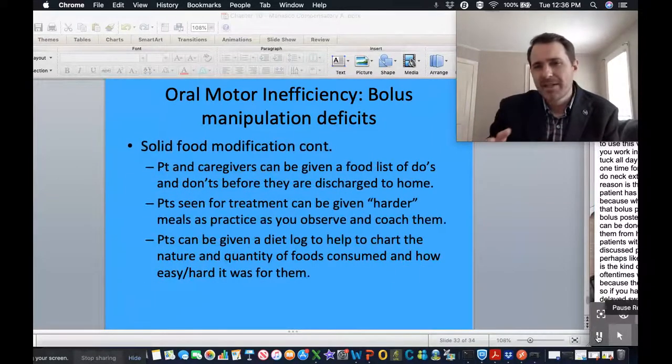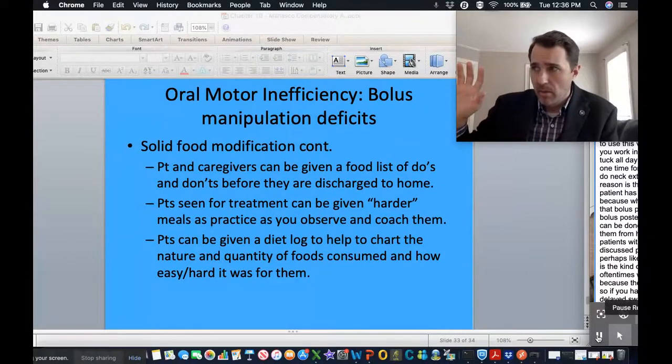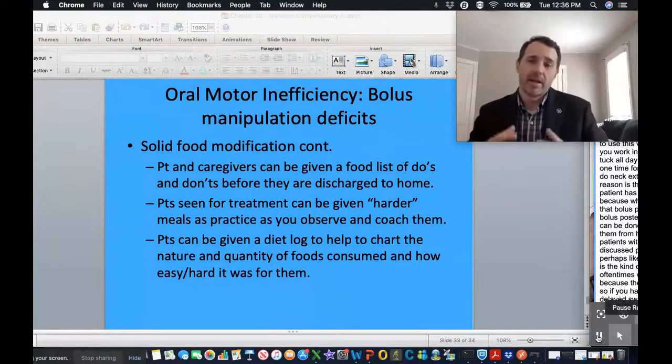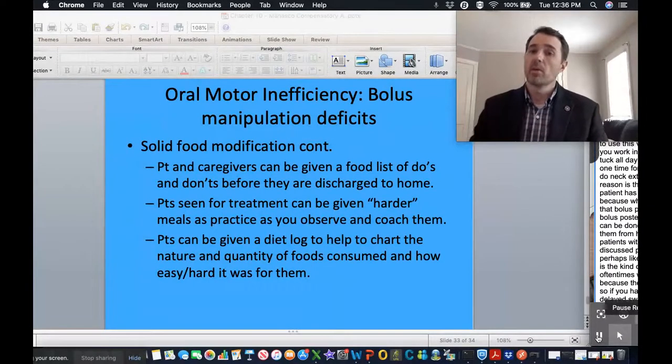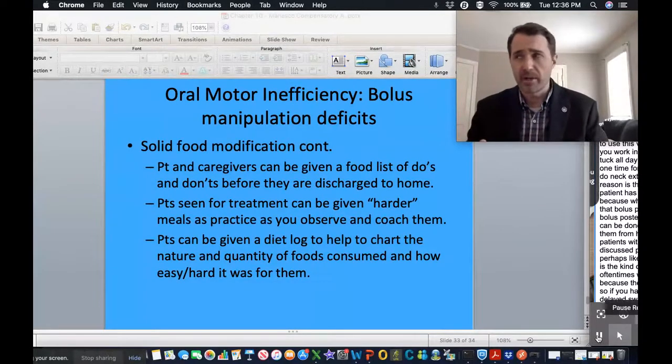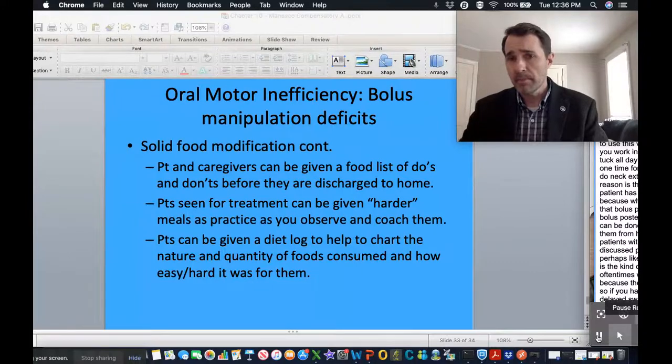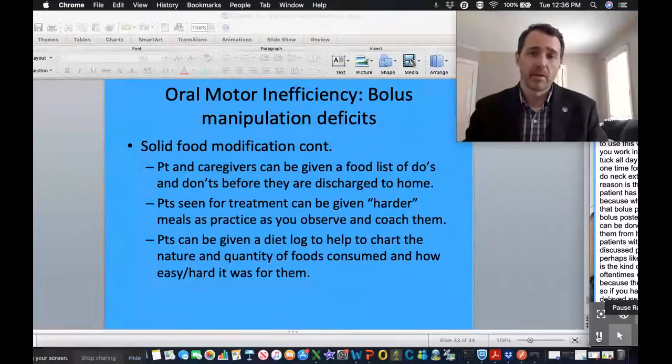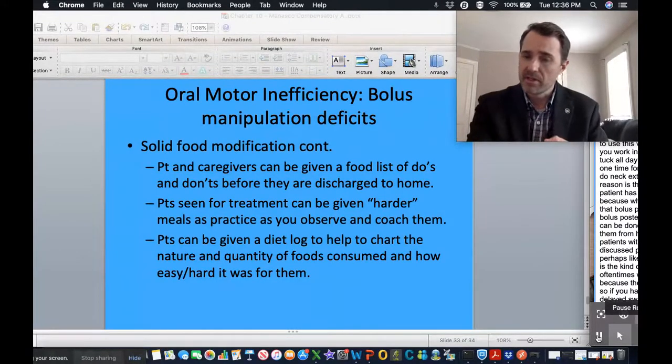So anytime you alter the diet of a patient, if they're getting sent home with those diet modifications in place, then you want to be sure that you are educating, and maybe even over-educating, the patient and the family on how to manage their consistencies.